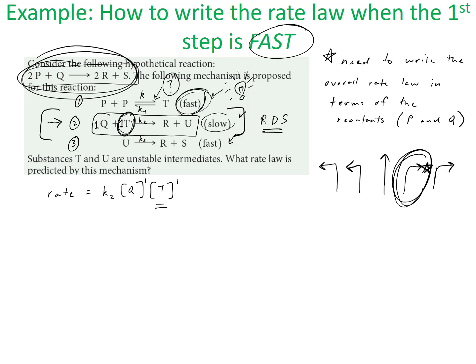Or let's say you're trying to go to the store, and you get stuck right here in some traffic jam. There's an accident or something. And you know what? This is not worth it. I'm not even going to go forward anymore. I'm just going to go back home. Okay, that's what T is likely to do here. In fact, that's the assumption we have to make. Instead of going forward in reaction number 2, T just sits here, and it actually goes backwards and makes P again.